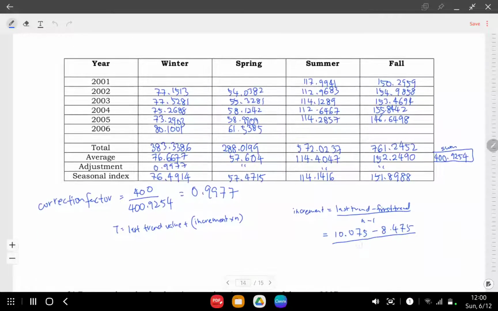So 20 minus 1. So this is the value of our increment, 0.08421. So insert this value into this formula to find the forecast trend.